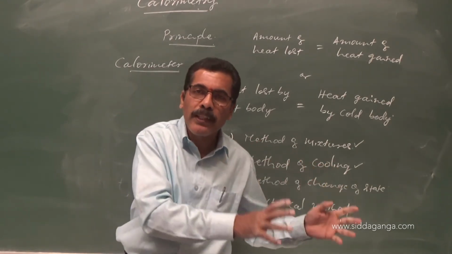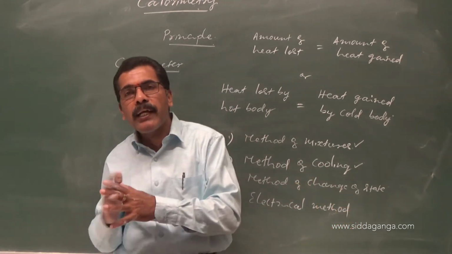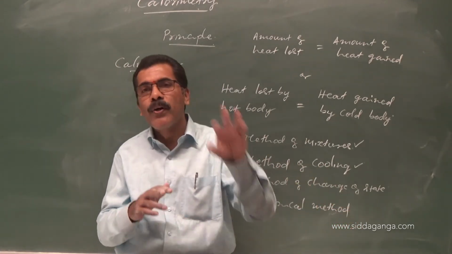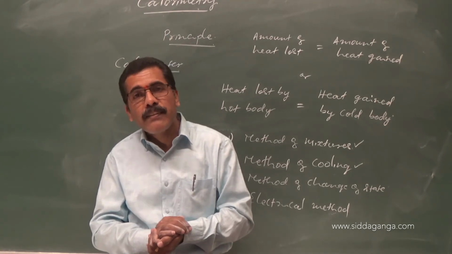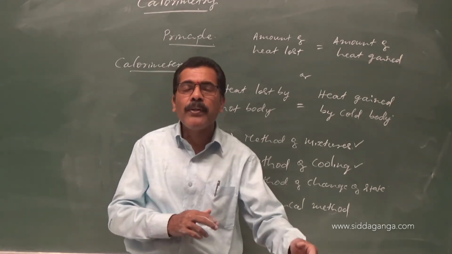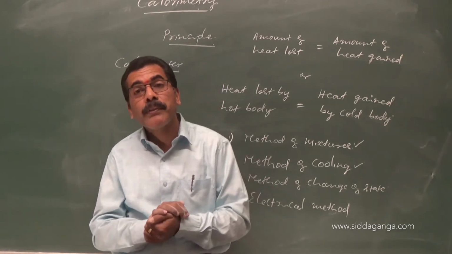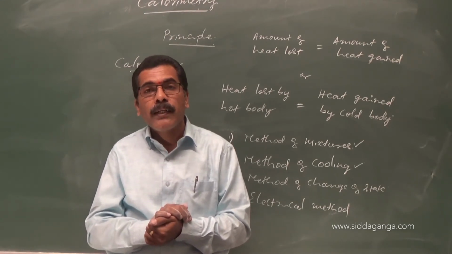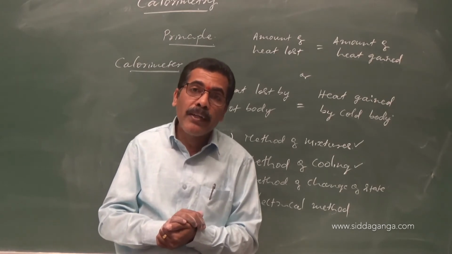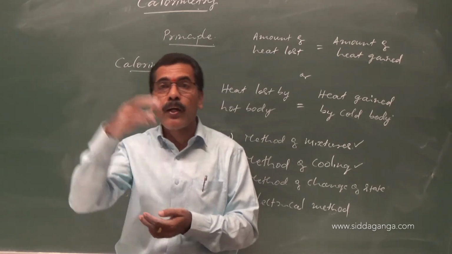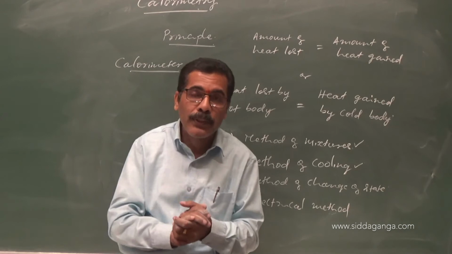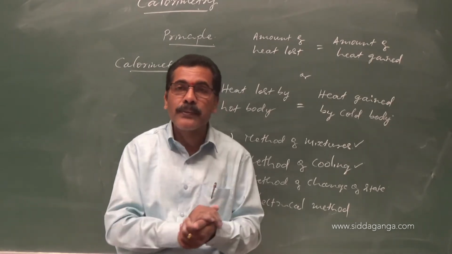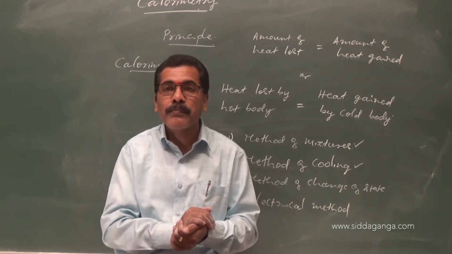Heat lost by the iron sphere is equal to heat gained by the calorimeter and water. In this way, you can easily find the specific heat capacity of solids. And you can also determine the specific heat of a liquid, for which you have to consider another liquid whose specific heat has to be determined.